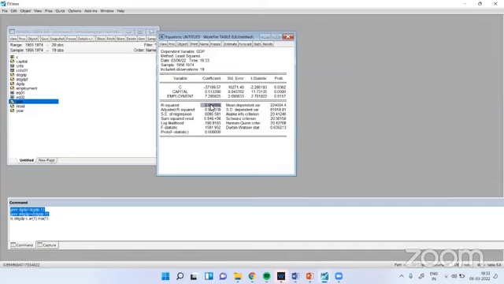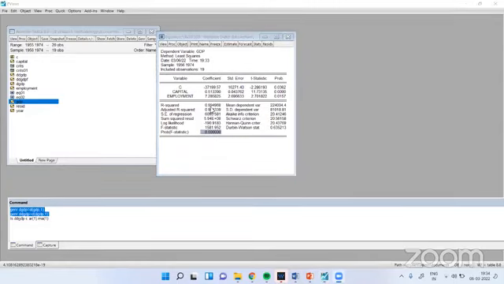It should be more than 0.7 and it is reasonably good. This value should be less than 0.05. Is it clear, all of you?